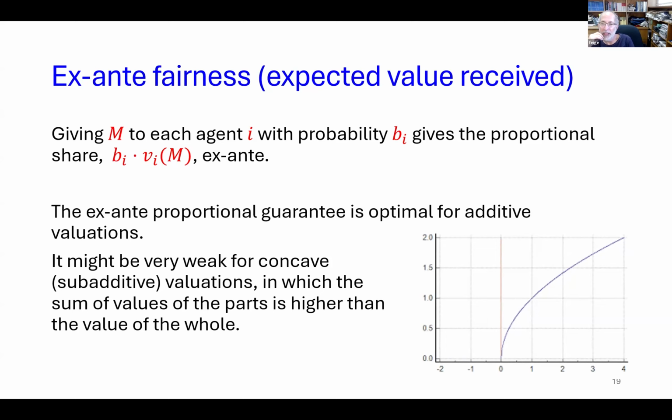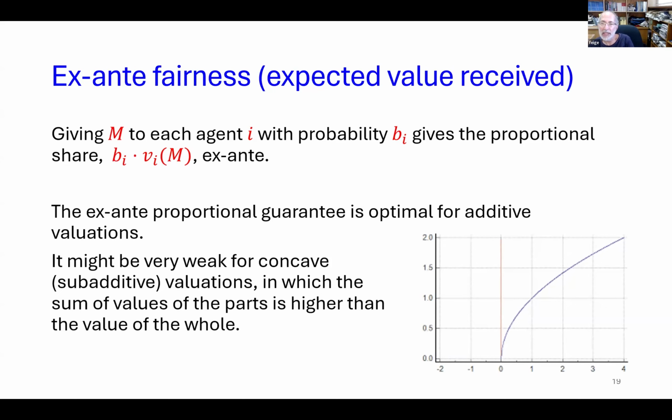But if valuations are not additive, let's say they are concave or sub-additive, submodular for discrete items, then typically the sum of values, if I partition things into many parts, I increase the value. The sum of values of parts is higher than the value of the whole. So think of, let's say, having n identical items, where each agent just wants to receive one item and any additional item is just a substitute, doesn't help.